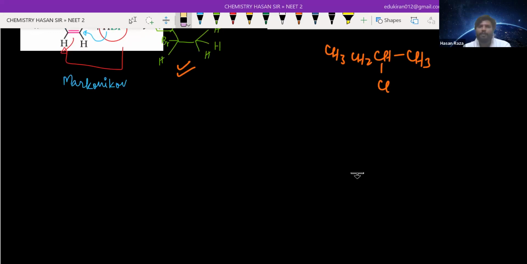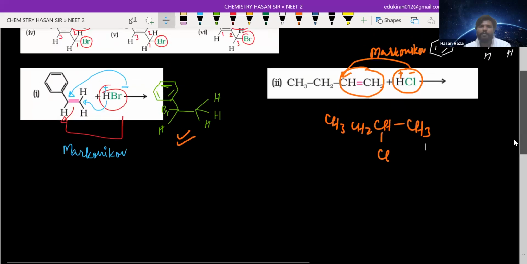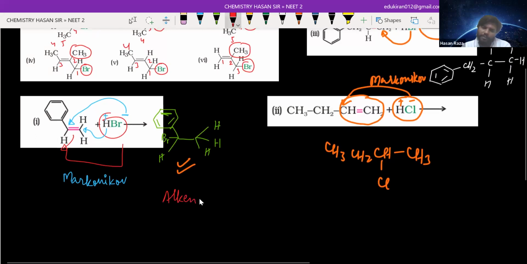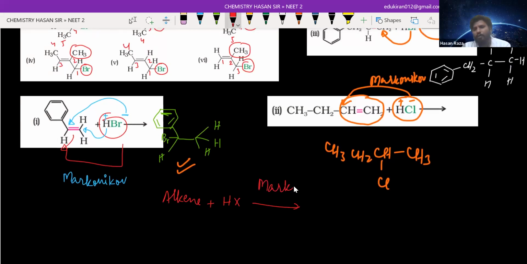Okay, which one do you want me to repeat? Always remember this, very simple. If there is an alkene, that means a double bond, and you have hydrogen halides, this is called Markovnikov. And if you have an alkene with hydrogen halides in the presence of peroxide, this is called anti-Markovnikov.